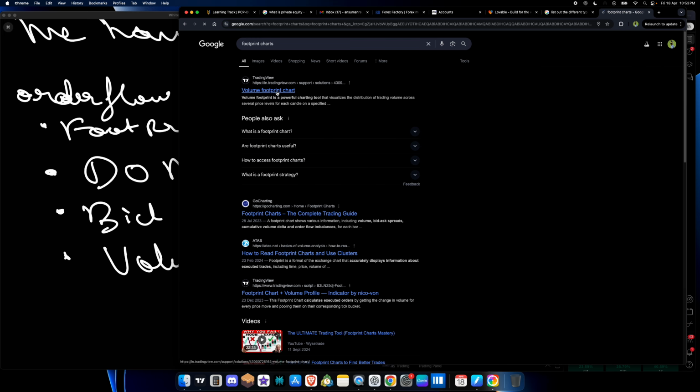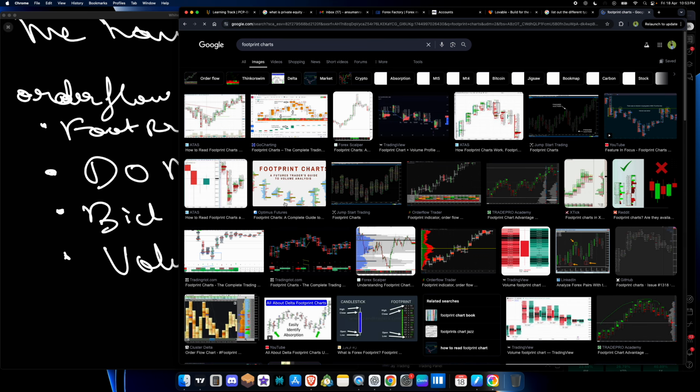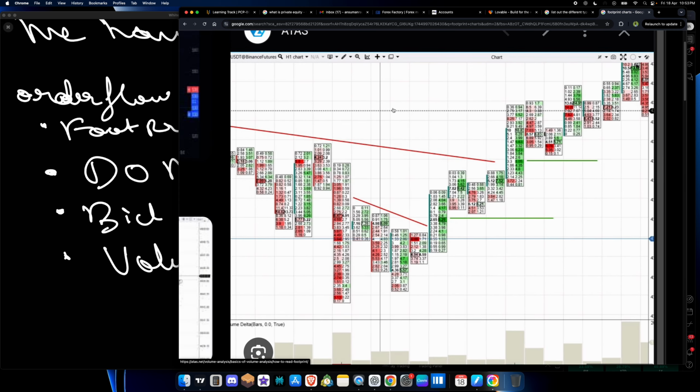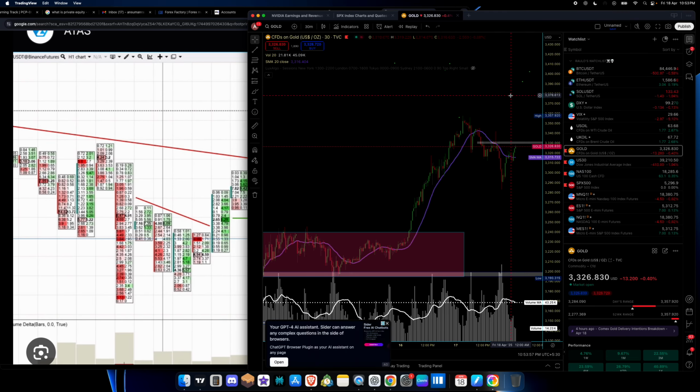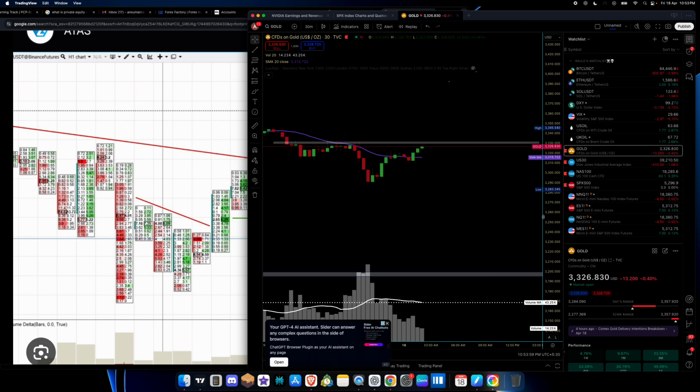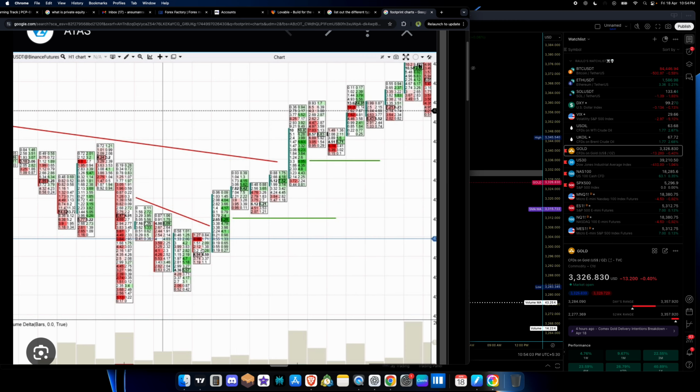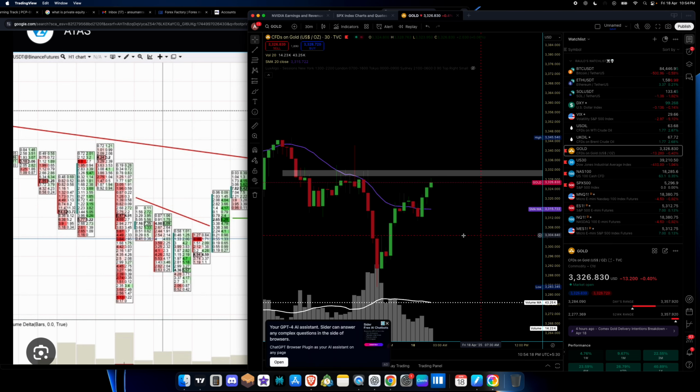Footprint charts. So this is what a footprint chart looks like. We just see normal candlesticks, but in footprint charts, you can actually see what is happening inside a candlestick, and the reason behind forming a specific type of candle.